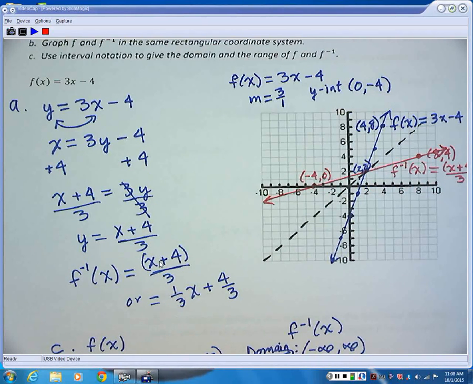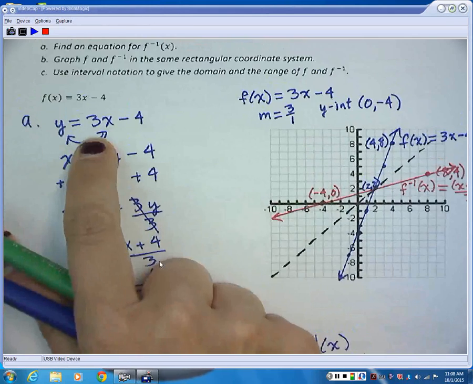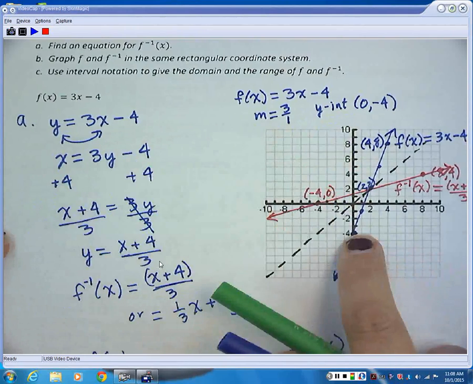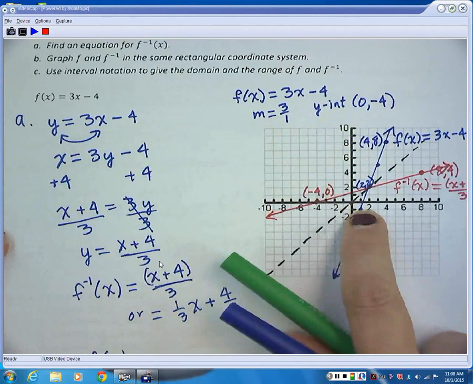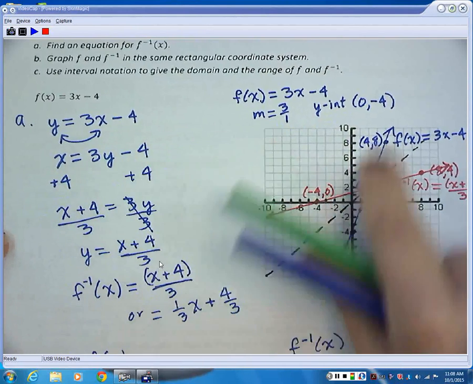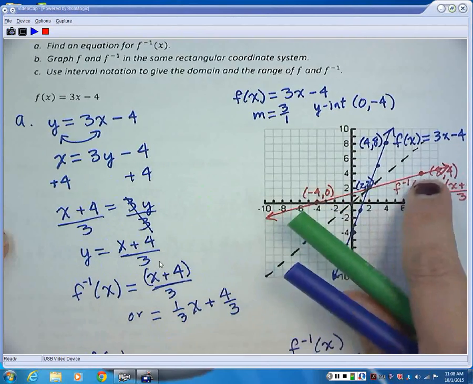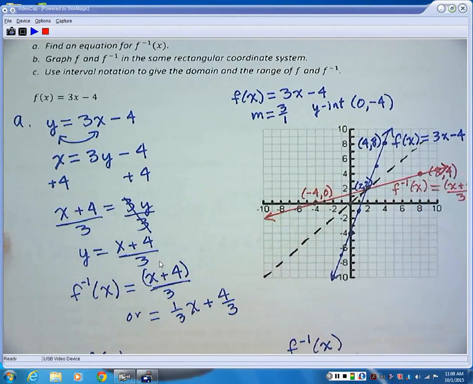4/3. So I took my original line, which was easier to plot, with y equals mx plus b. Go up 3/1. I plotted that, identified some points, switched them, and connected the dots.